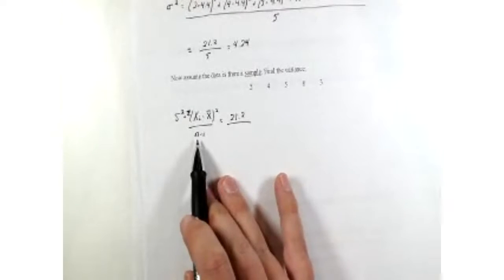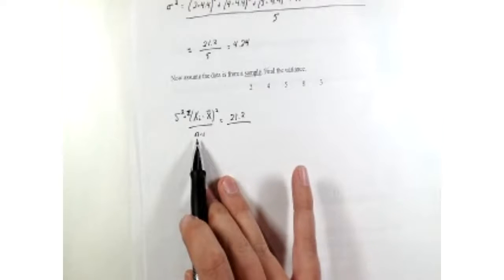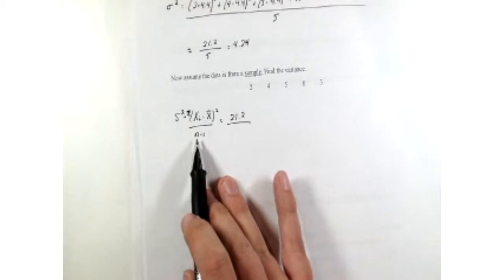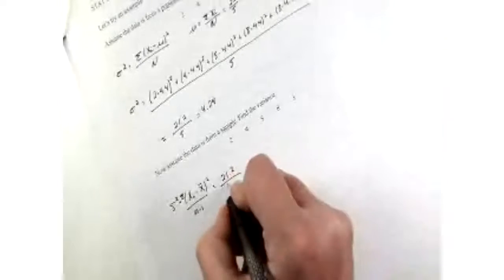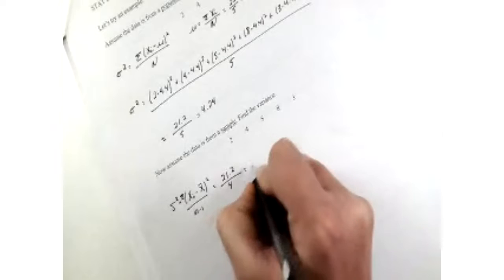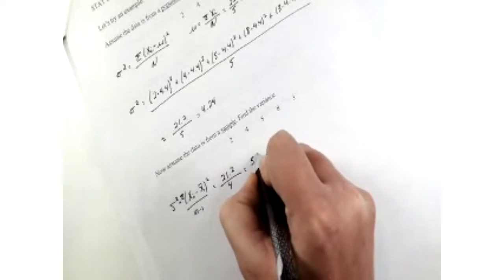What's n in this case? What's the sample size? 5. So take 5 minus 1, n minus 1 is 4. So then the sample variance would be 5.3. Does that make sense? How I did that?